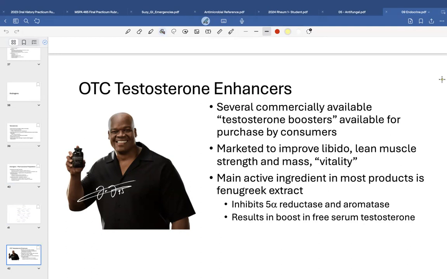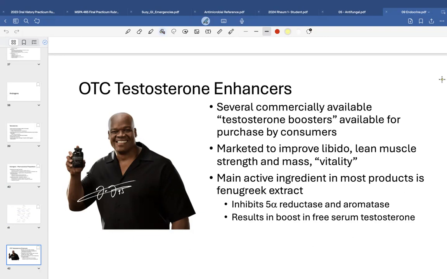You hear the claims on radio and TV, and these are for products that are literally testosterone enhancers. How they work, though, if you know about pharmacology, is they contain a product called fenugreek extract.